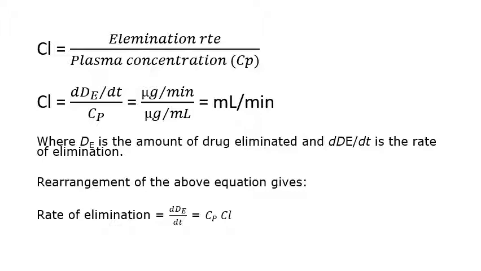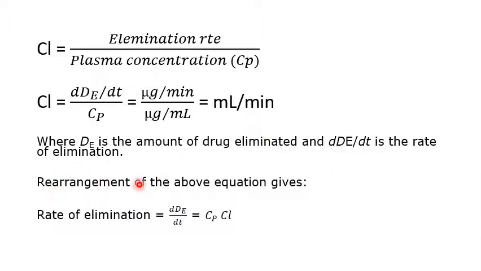If we express the rate as the amount per unit of time over the plasma concentration, which is milligram per mole, and milligram per minute, the final unit of the clearance will be volume per unit of time, where D is the amount of drug eliminated and dD over dt, the change over time, is the rate of elimination.